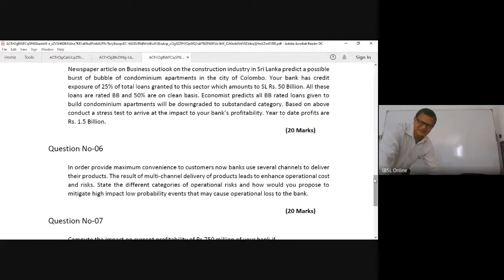In order to provide maximum convenience to customers, banks provide channels to deliver their products. Now, I mentioned the delivery channels: brick and mortar, also ATM, phone, and internet.